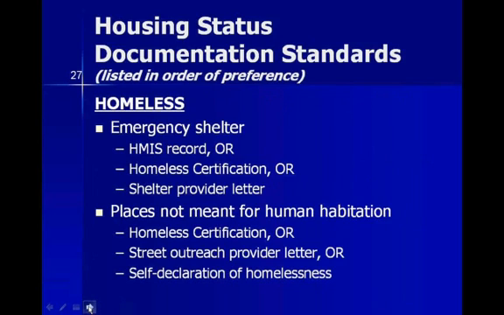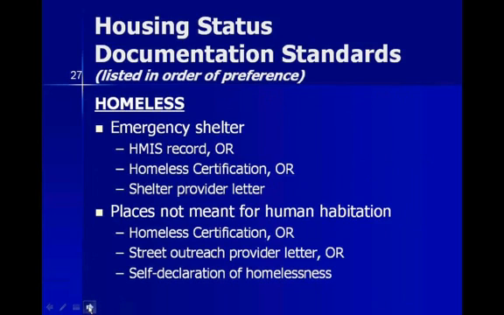In contrast, for persons who are living outdoors, who are currently homeless without any shelter, in a place not meant for human habitation, sleeping in a car, under a bridge, in an abandoned building, the first means of documentation that a program should attempt to secure is a homeless certification. If that can't be obtained, then a letter from the street outreach provider would be acceptable.